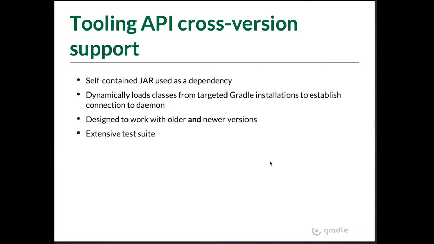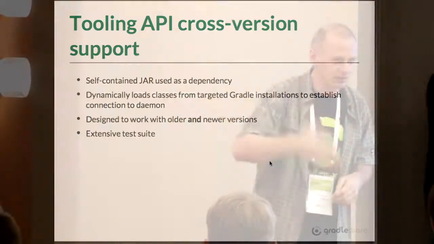What's going on when you start using tooling API? So the main entry point is Gradle connector class that contains a static method saying create a new connector, and there are a few methods that we will use to customize. Okay, I want a connector that will tell use Gradle of this version or from that place or something.